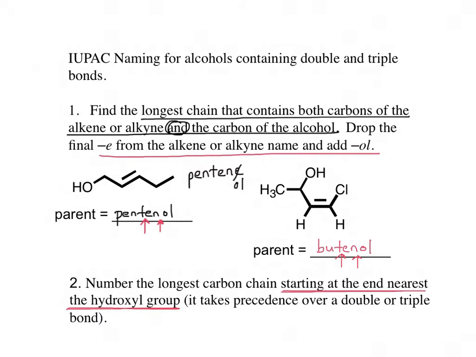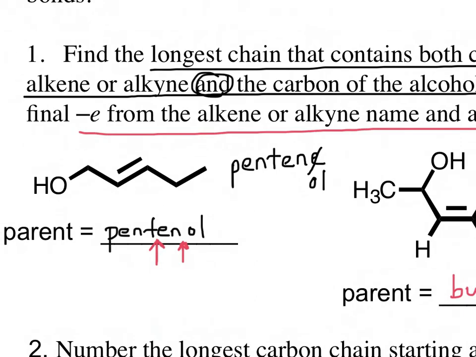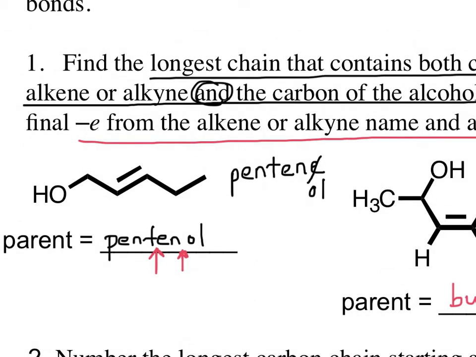So let's take a look at our first one. Let's expand it right here. We're going to start at the end nearest the alcohol group, but the first one's pretty straightforward. It gets a number 1, and then 2, and then 3, 4, 5.